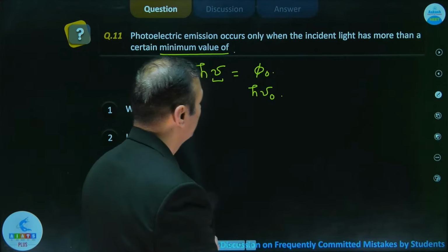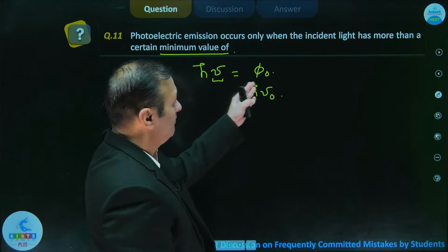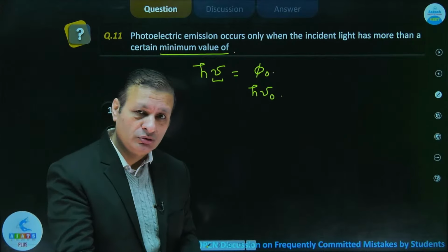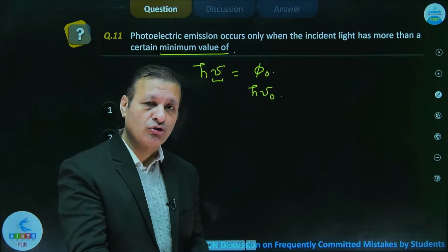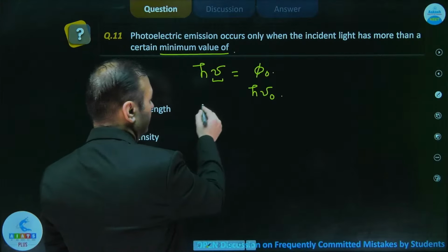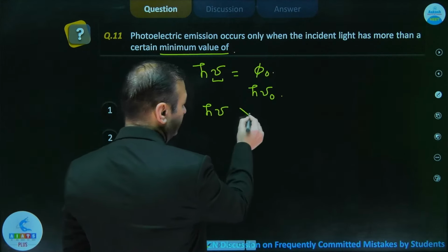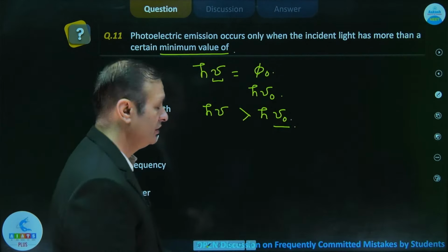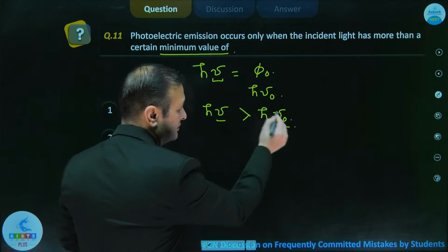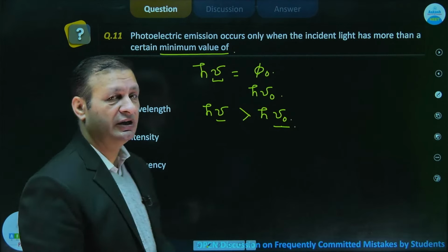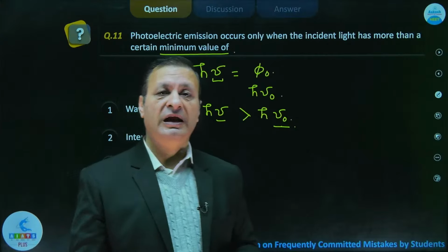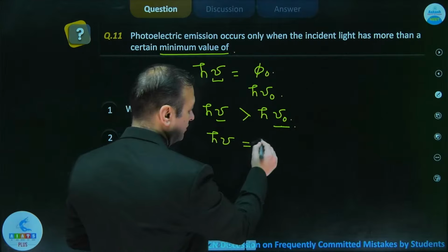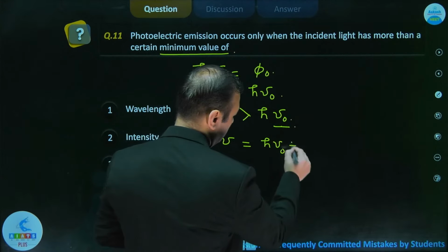Got it? So if this value is equal to the threshold, that would help your electron to come out. But if this energy is greater than the threshold frequency or threshold energy, then ejection or emission will happen, and the rest of the extra energy will be its kinetic energy.